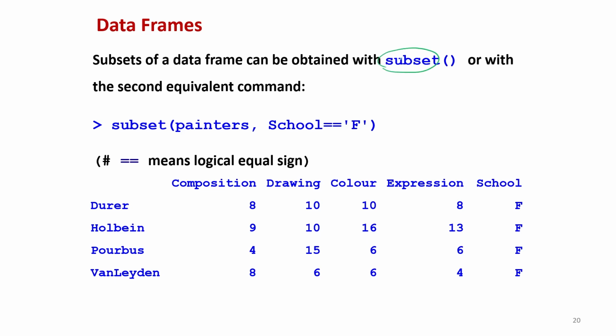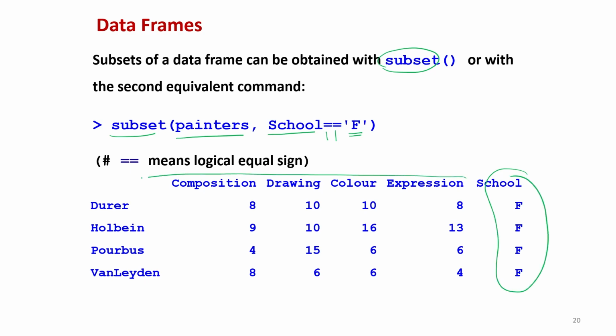Here I am using two equality signs because that's a logical operator. So you can see that school is coming out to be F, and all this data set corresponding to school equal to F is coming here, right?